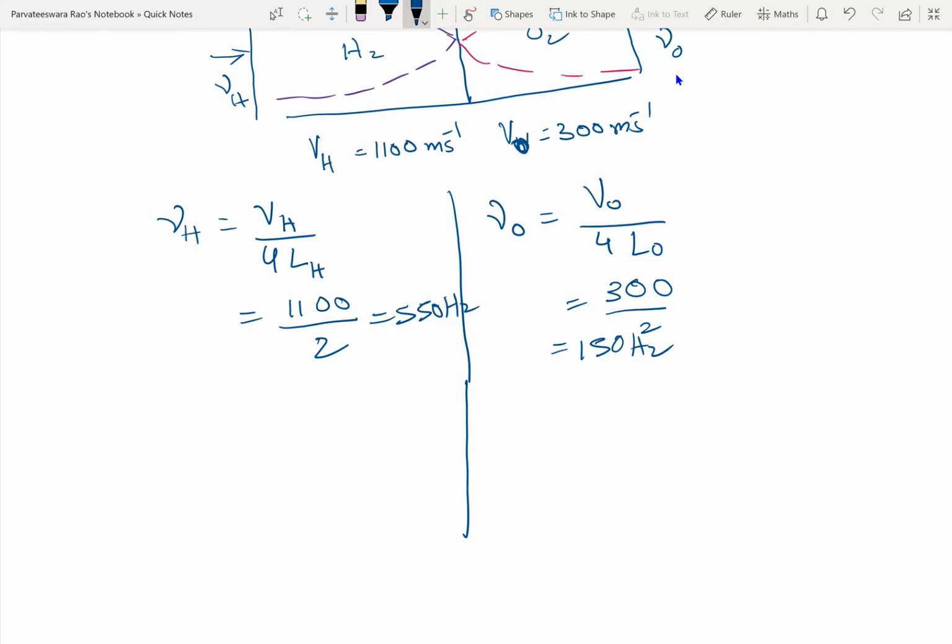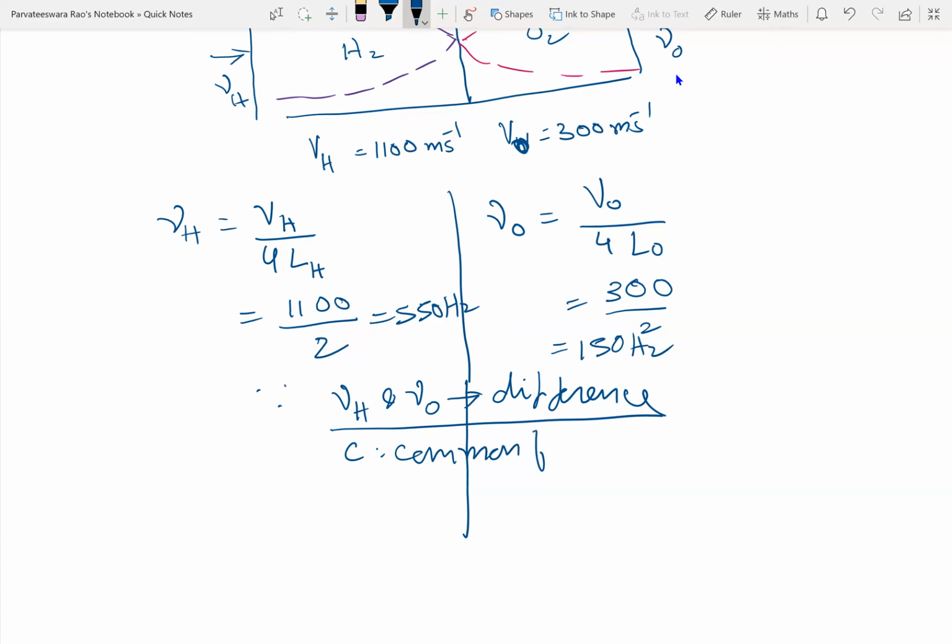So since nu H and nu naught are different, the diaphragm C will vibrate with a common frequency nu, such that nu is equal to NH into nu H. It should be equal to N naught into nu naught.